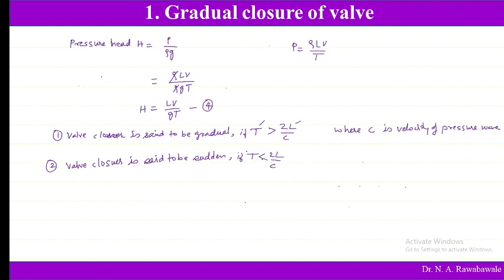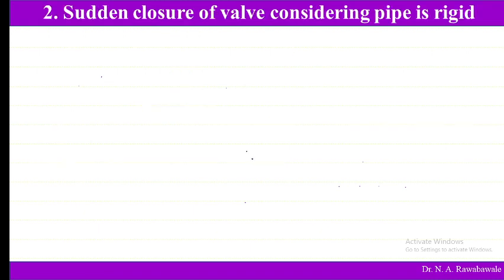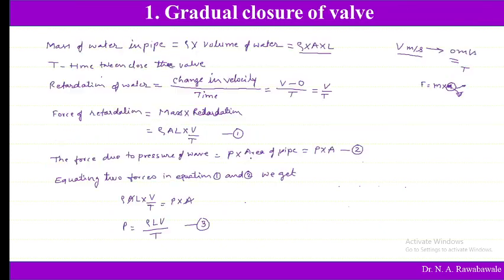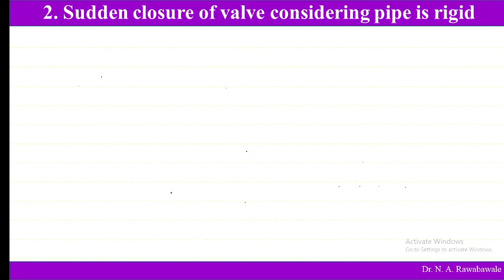Now the second case we see is where the closure of the valve is sudden and the pipe is rigid. According to the pressure intensity we obtained in the previous case, pressure intensity P is given by rho LV divided by T. This was equation number 3.